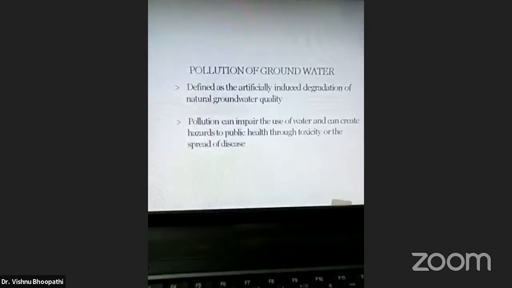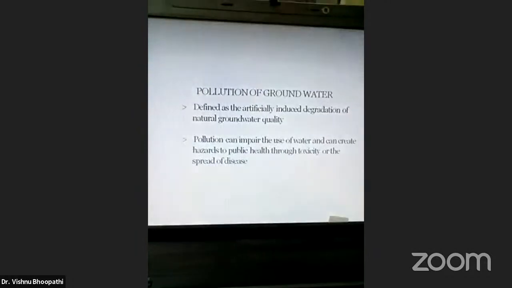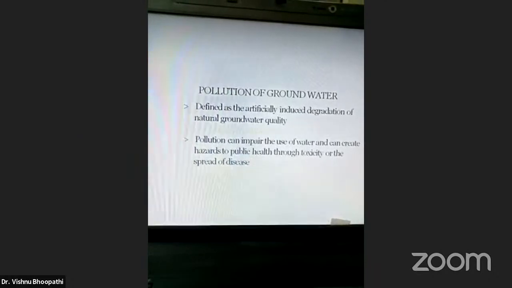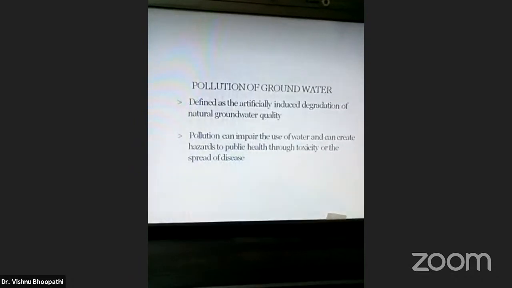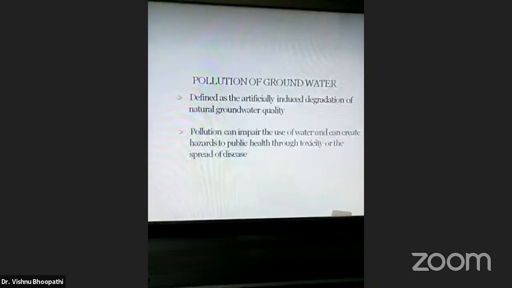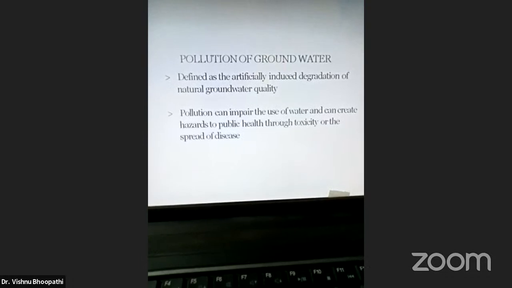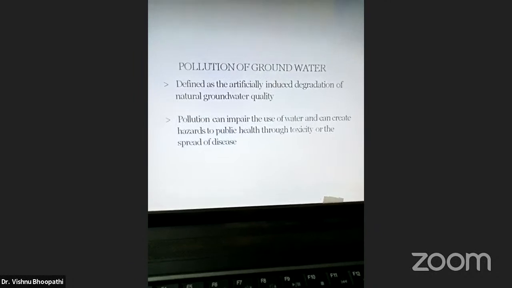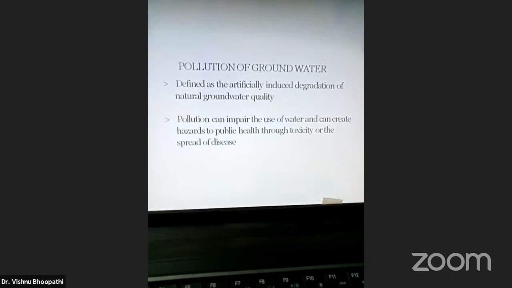Pollution of groundwater is defined as the artificially induced degradation of natural groundwater quality. Pollution can impair the use of water and create hazards to public health through toxicity or the spread of diseases.